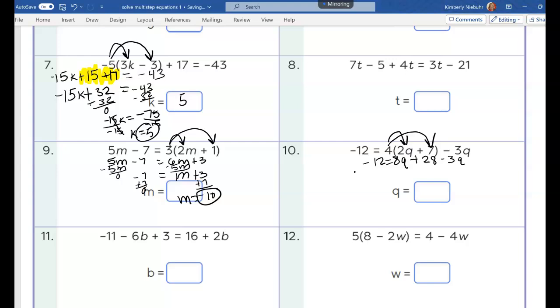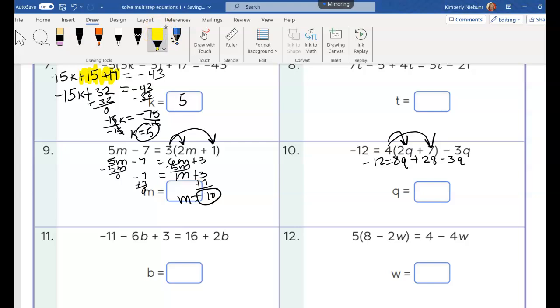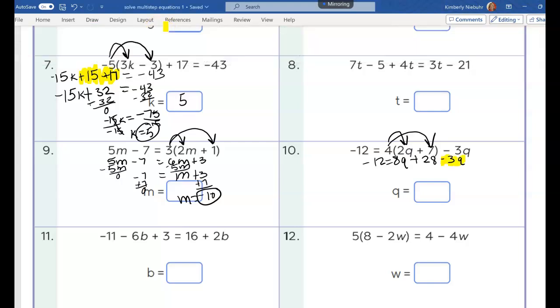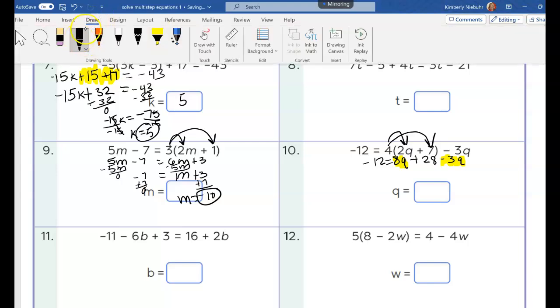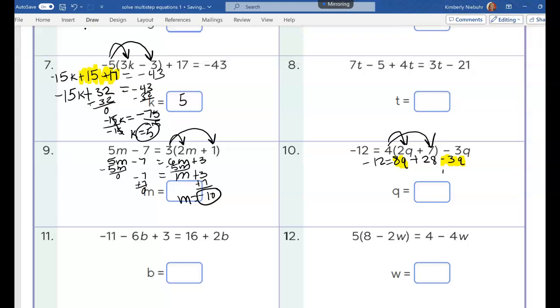All right, so we're going to combine the like terms. Minus 3q and then 8q. So 3, 4, 5, 6, 7, 8 would give us 5q.